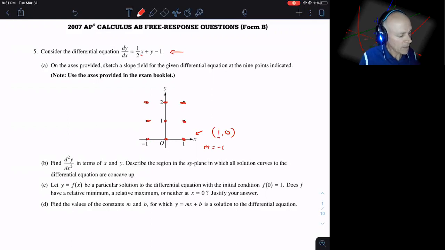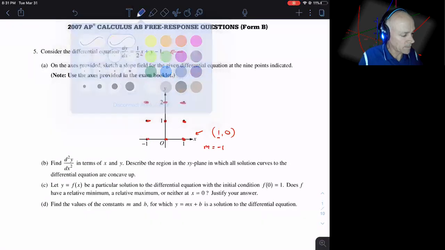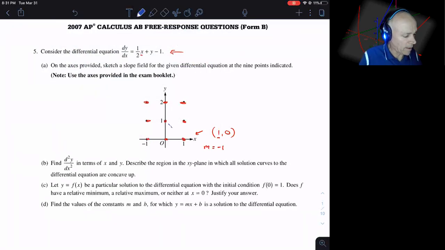These don't need to be exact, but if I line up that point like that, that would be a slope of negative 1, so I don't want it to be as steep as that. I want to sketch it more along those lines, and we could say that small tangent line just has a slope of negative 1/2.